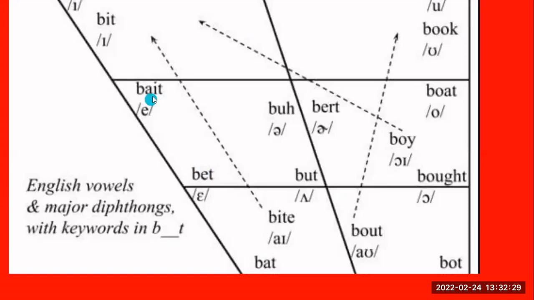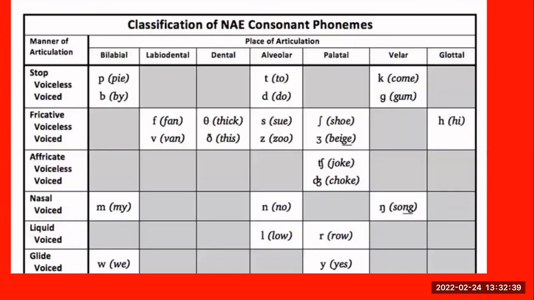Then you have bait. Of course, various vowel sounds. I don't intend to take you into detailed analysis of the vowel chart, but just to give you a picture of what the speech sounds are like.